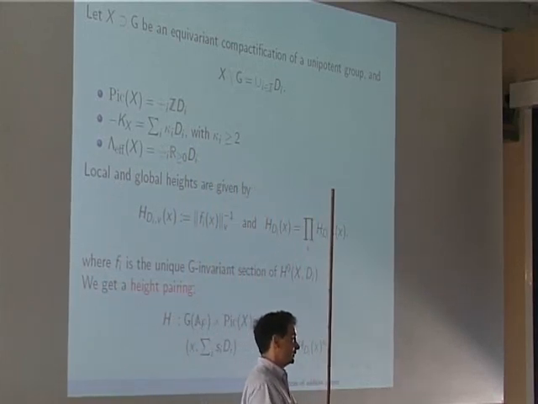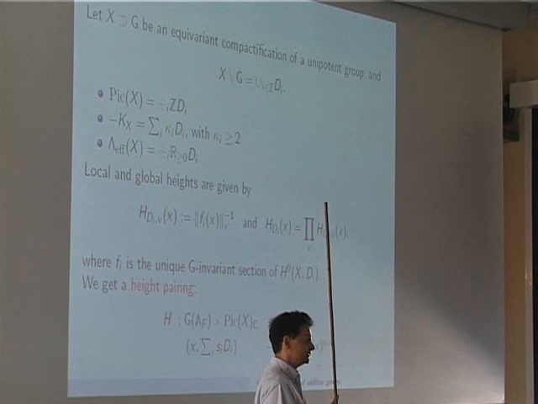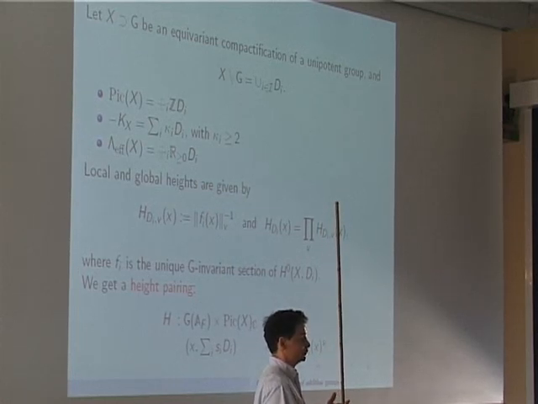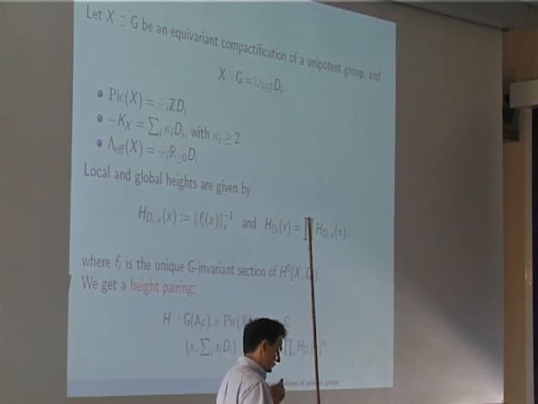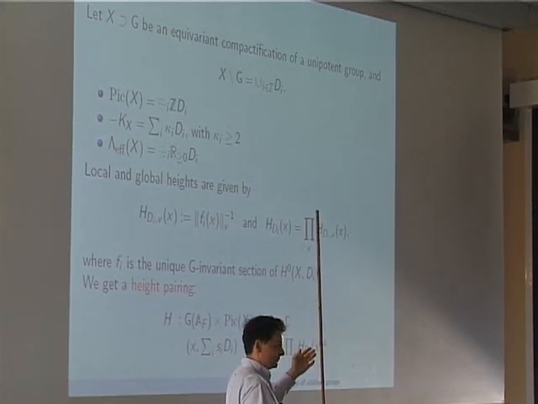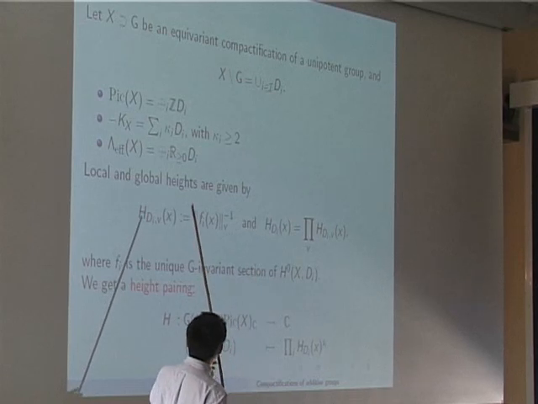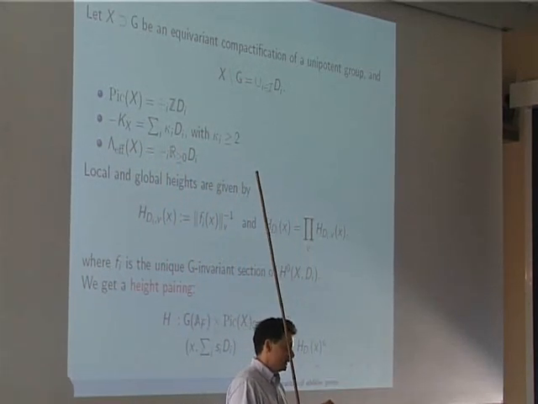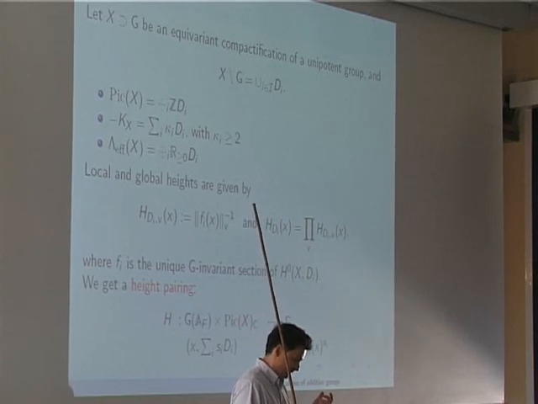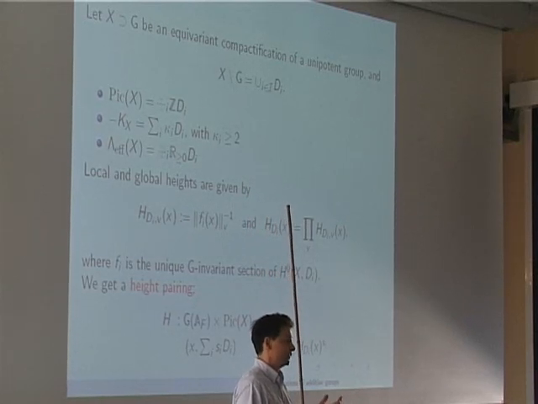So the way it works, you take resolution of singularities equivariantly, so with the action of the group G. Now, of course, when you blow up the variety, everything changes, the Picard group may change, but we have the functorial formalism for heights.